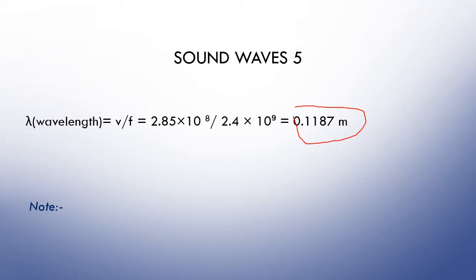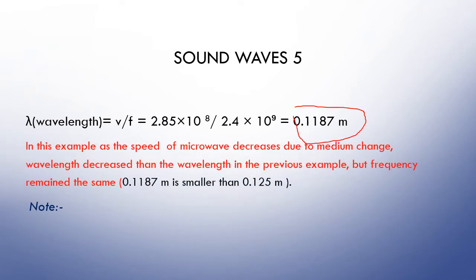It's not vacuum, it's air, so there is a decrease in the wavelength and a decrease in the speed as well. So as the speed of the microwave decreases due to the medium change, from vacuum to air, the wavelength decreases compared to the previous example.